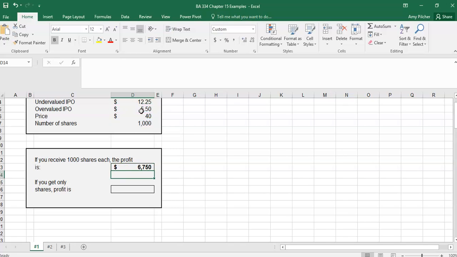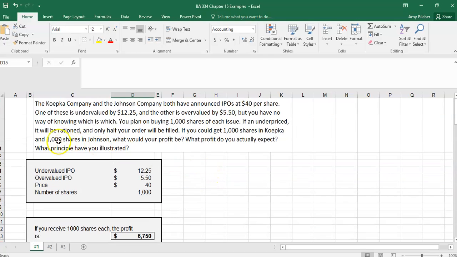So our profit, if we receive 1,000 of each, is 6,750.